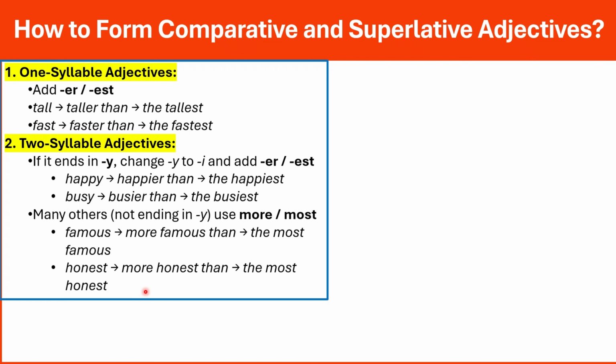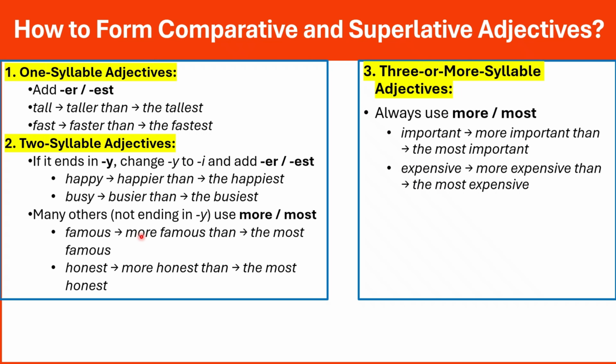But for other two-syllable adjectives and for all longer words with three or more syllables, we don't add er or est. Instead, we use more for the comparative and most for the superlative. For example, two-syllable words like famous or honest and three-syllable words like important or expensive always follow this rule.